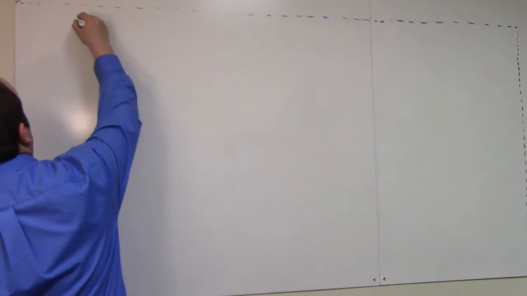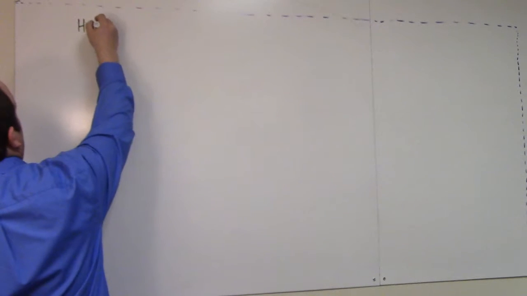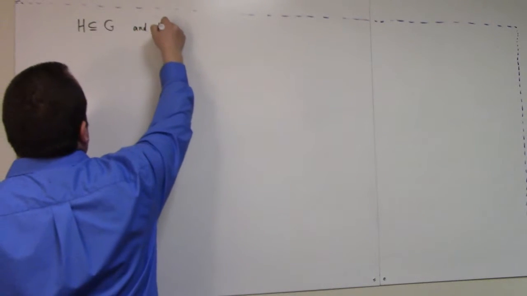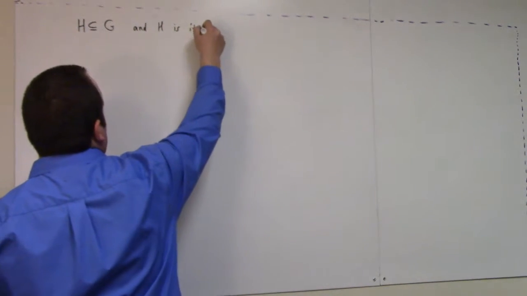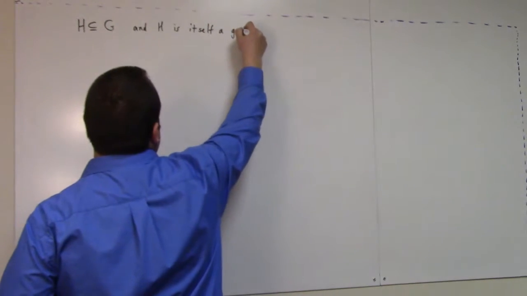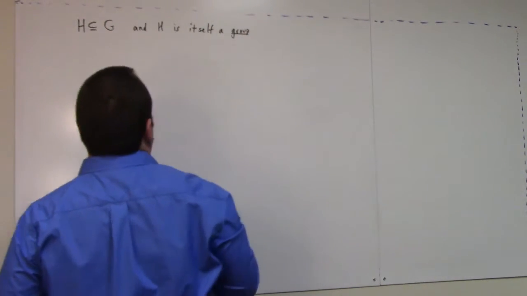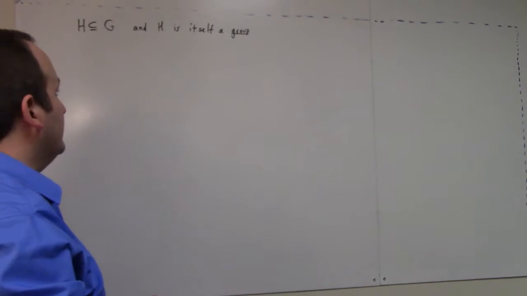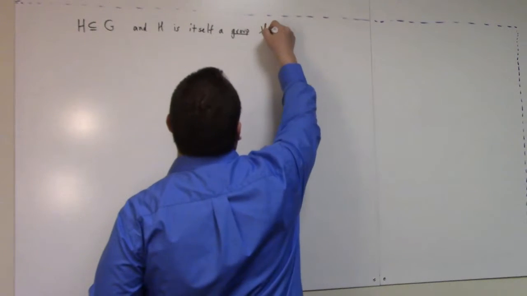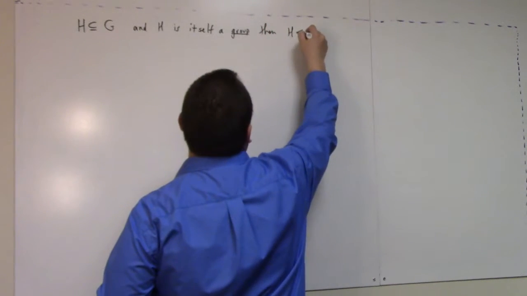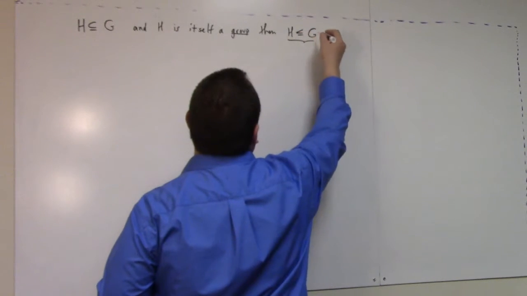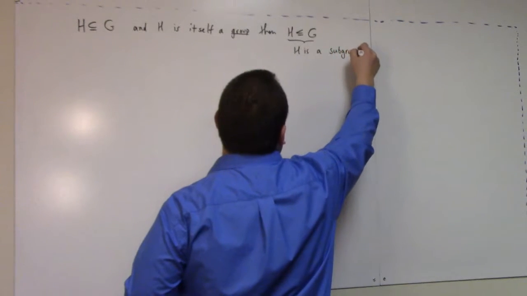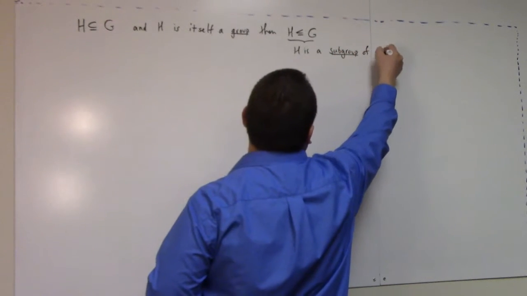If H is a subset of a group G, and H is itself a group, so you have a subgroup, a subset of a group which is again a group with respect to the group operations, then I write H less than or equal to G. This is my silly notation for H as a subgroup of G, right?